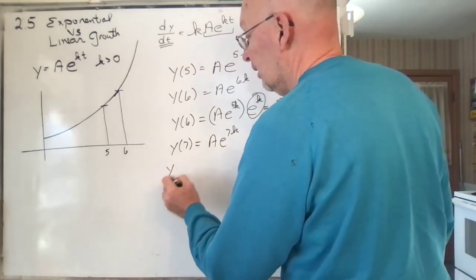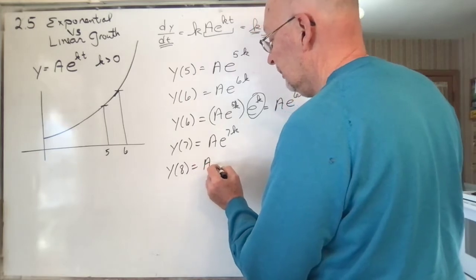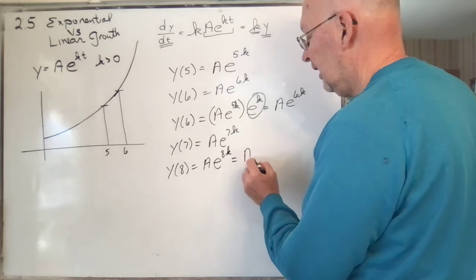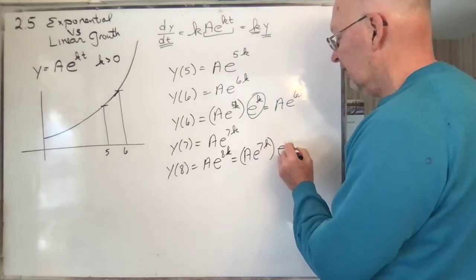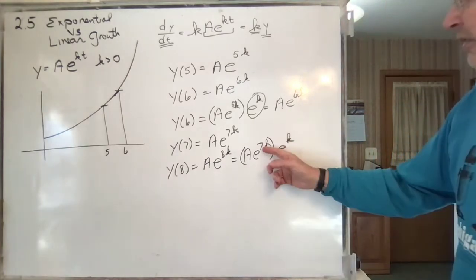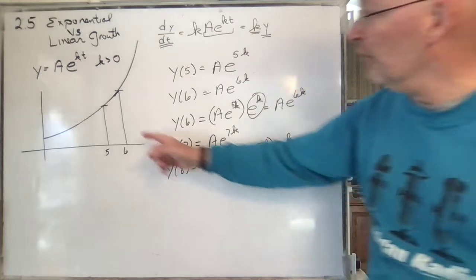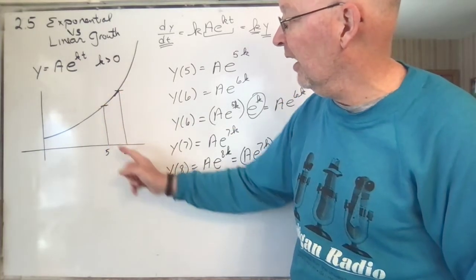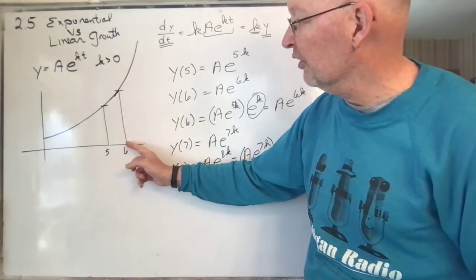Y of 8 is going to be a e to the 8k. Notice that that's just a e to the 7k times e to the k again, because this plus this is e to the 8k. So you always multiply this value by the same value in order to get this. So as you go from here to here, you just keep multiplying.